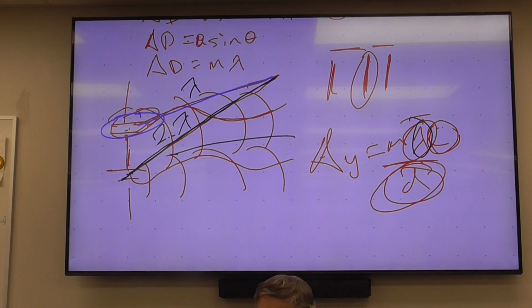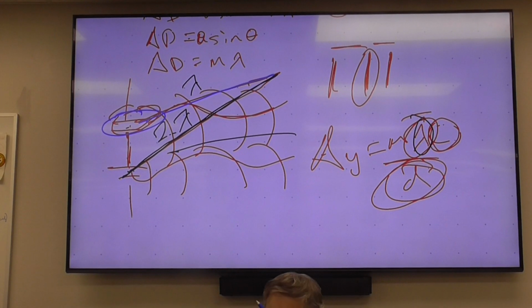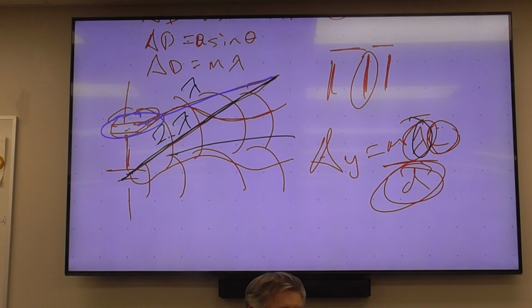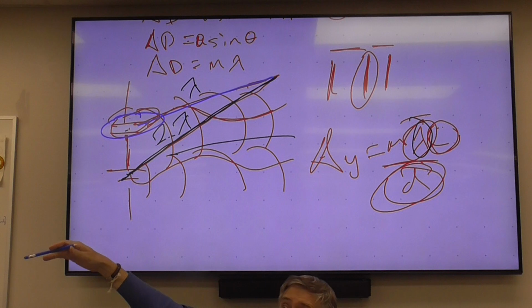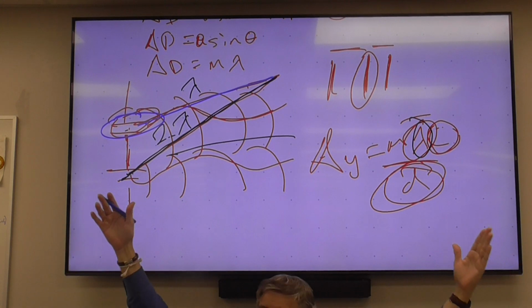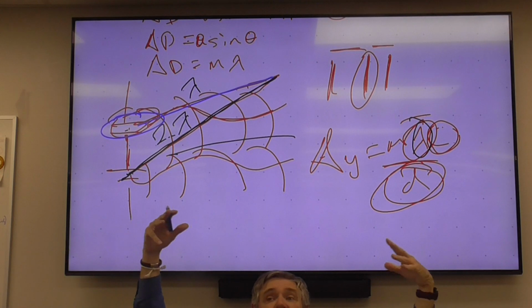If that wavelength is really tiny, which is what you saw when I had the laser beam on it, those were very, very close together, because light has a really short wavelength. Radio waves or sound waves, the sound waves that I tried to model with the speakers, have much longer wavelengths. So the central maximums, in between where it gets reinforced, that distance is much greater because the wavelength is much greater.